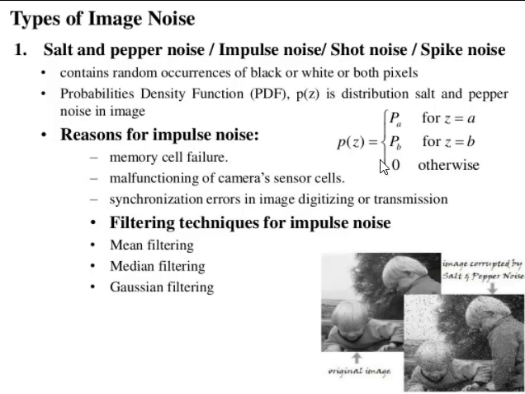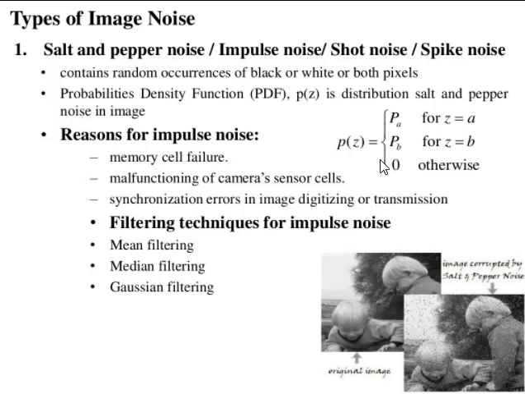Now let's see why this impulse noise occurs. First is memory cell failure, then malfunctioning of camera sensor cells. Malfunctioning means there is some problem in the mechanism of the camera.